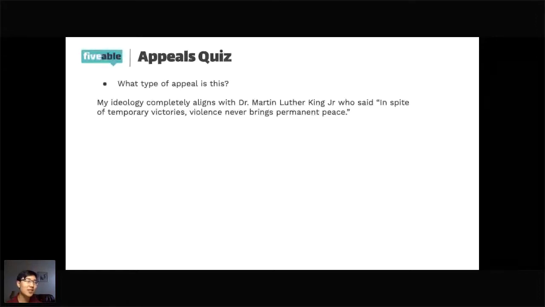When you say, for instance, in the words of Malala, when you're using things like aligns or completely agrees with, that's an example of ethos, because you're appealing to some sort of credibility. You're saying, what I'm saying, Dr. Martin Luther King Jr. also said, and he's a key influential leader. All right, let's try the next one.